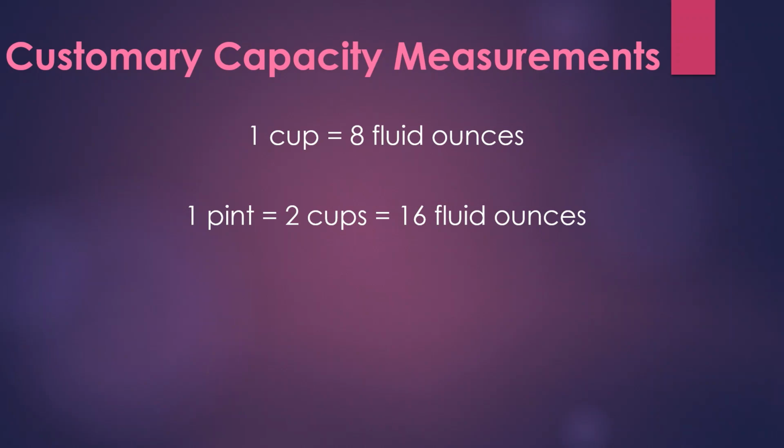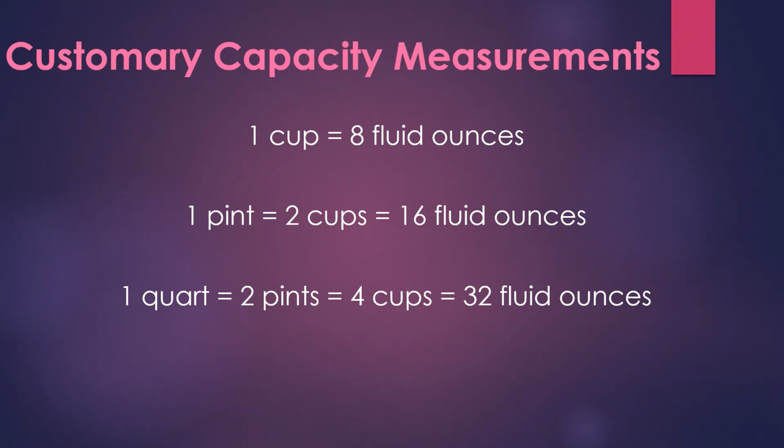We know that 1 pint equals 2 cups, and if I have 2 cups, that means I also have 16 fluid ounces. Our next unit is the quart, and we know that 1 quart equals 2 pints, and if I have 2 pints, that means I have 4 cups, and 4 cups means 32 fluid ounces.